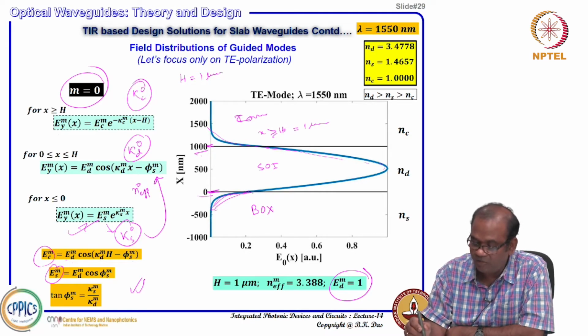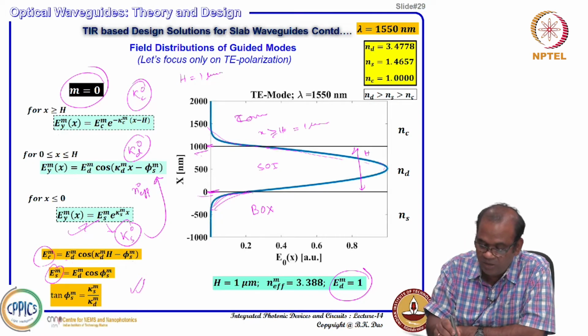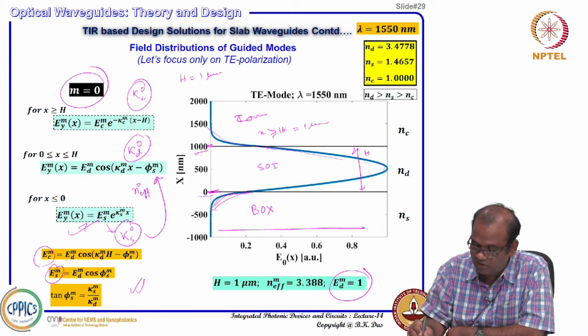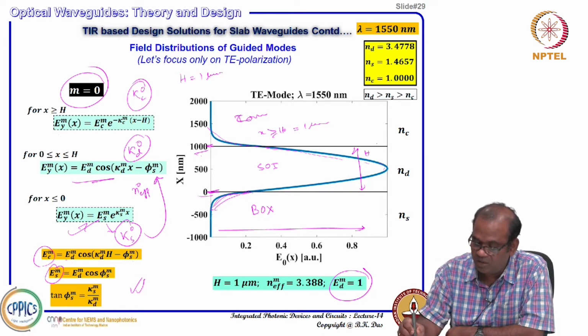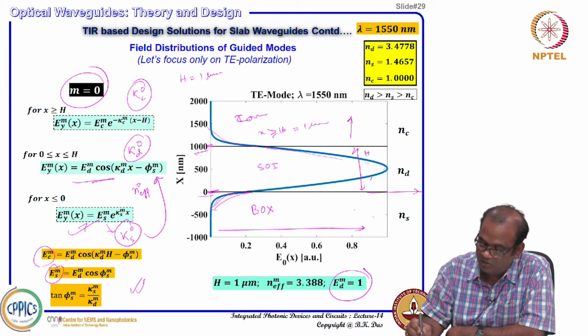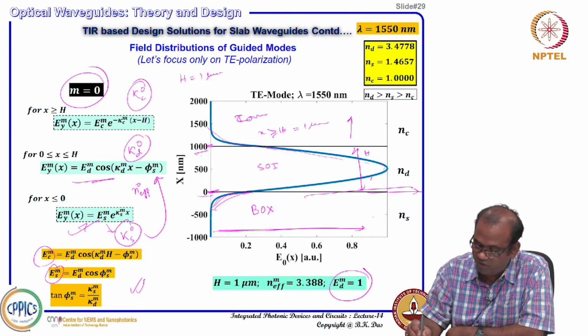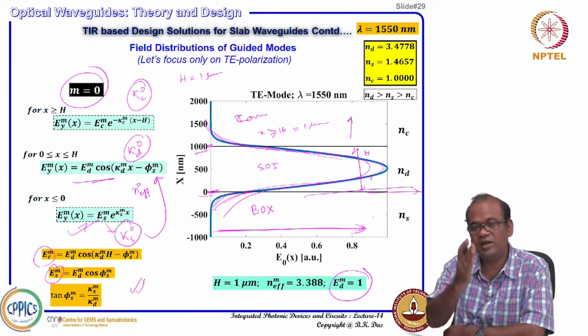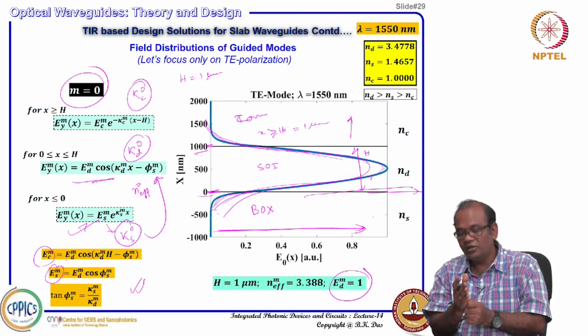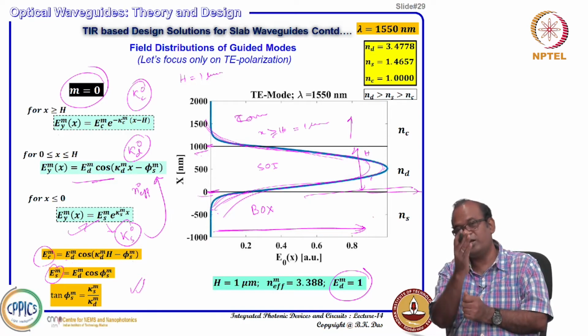So, even though effectively your waveguide thickness is h, your field distribution extends beyond it. Again, I am showing that this axis is your field strength, and across the cover region, core region, and cladding region, this is the z axis as well as the electric field strength. Everything is positive, this is the field. This is the field distribution in the x direction, if your waveguide is confined along the x direction.